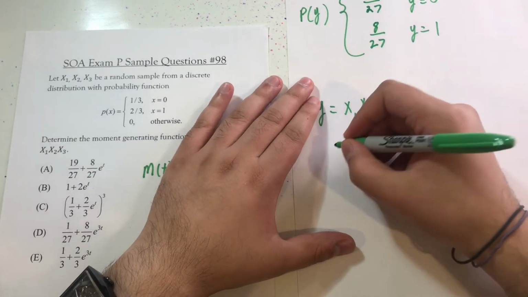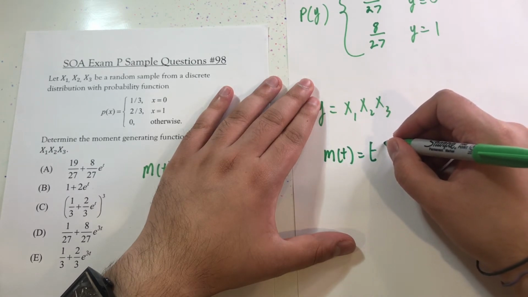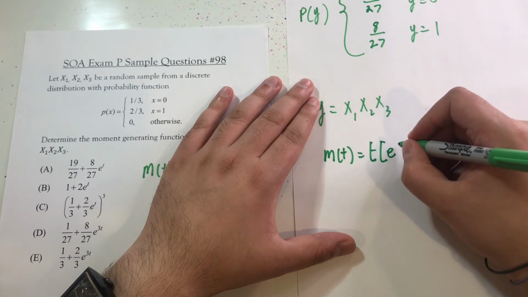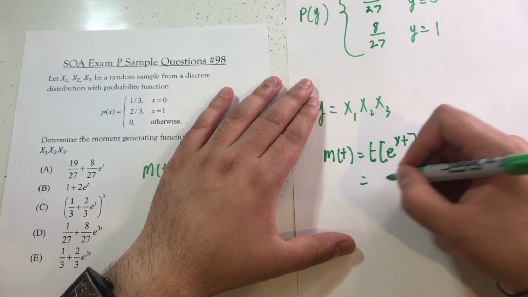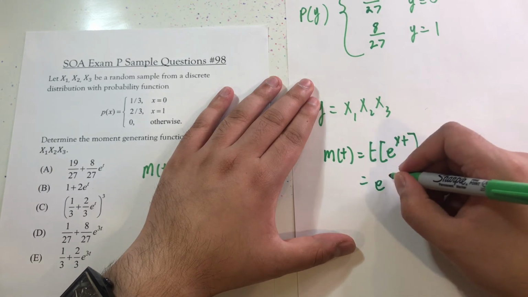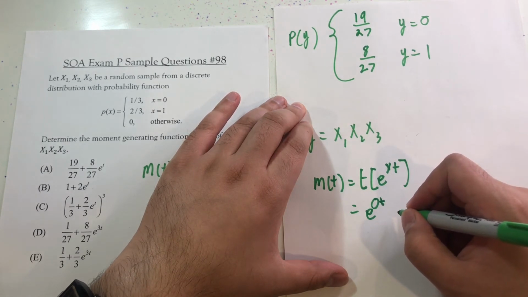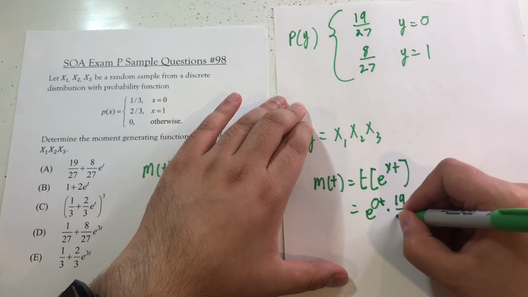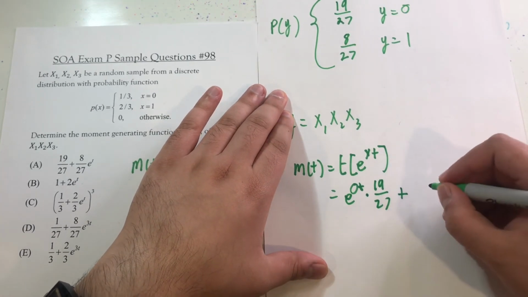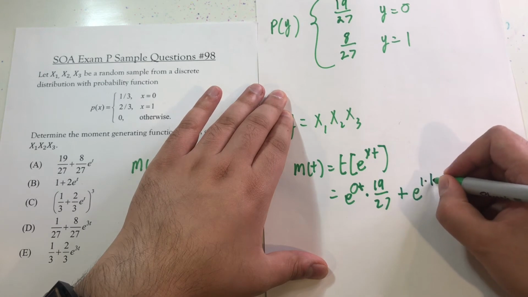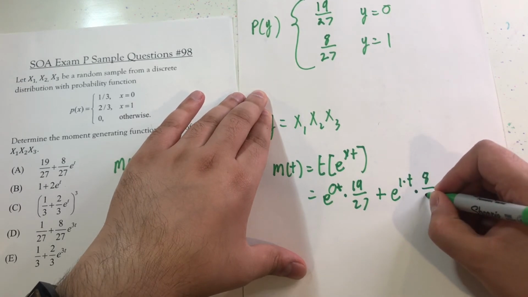So calculating the moment generating function, M(t), like I mentioned before, is the expected value of e to the Y multiplied by t, which is equal to e raised to 0 times t, one value that Y can take on, multiplied by 19 over 27, the probability of Y taking on 0, plus e raised to the 1 times t, multiplied by the probability that Y takes on 1, which is 8 over 27.